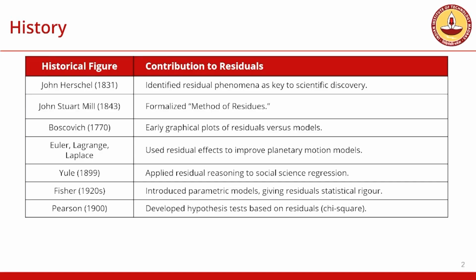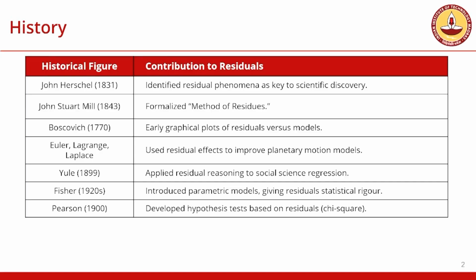Later, Ronald Fisher in the 1920s introduced the formalized concept of parametric models, families of models defined by specific parameters. This advanced the use of residuals by distinguishing between random variation and meaningful deviations, making model evaluation more rigorous.